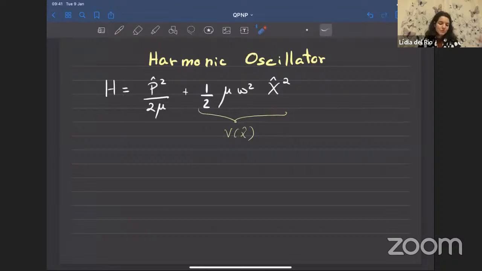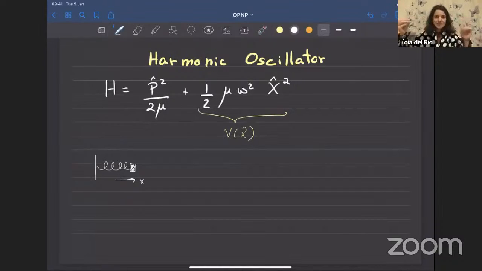First of all, this is the version in 1D. You can do it in 3D as well, and then you have r squared. The kind of systems that this models: first, let's look at classical systems, and the most classical one is if you have some weight attached to a spring, and you can pull it horizontally, and of course the spring always pulls it back, and the more stretched the spring is, the larger the force to push it back.